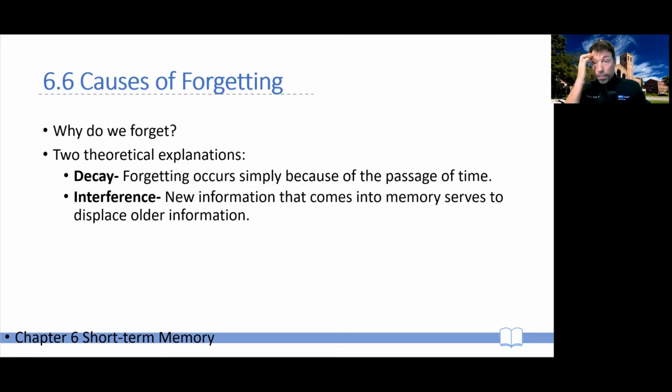Now notice that while the memory decay hypothesis is about disappearance of a memory trace, interference theory is really about displacement. It's displacement of one memory trace by another memory trace.